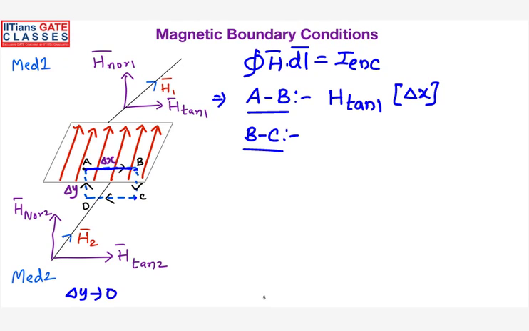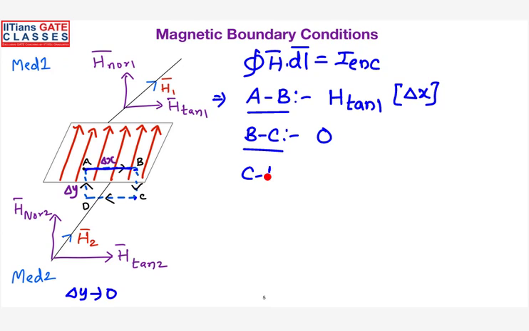So what will happen when you are moving from B to C? Your magnetic field is in the x direction and your path is perpendicular to that, so your dot product becomes 0. It doesn't matter what the length or height of the loop is. When you move from B to C, you are moving perpendicular to the magnetic field, so the dot product becomes 0.